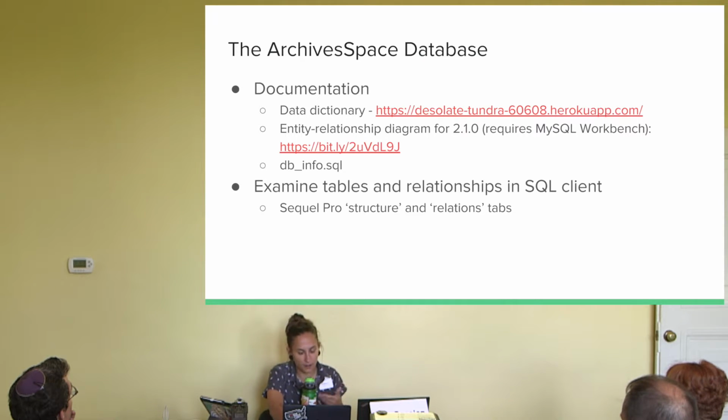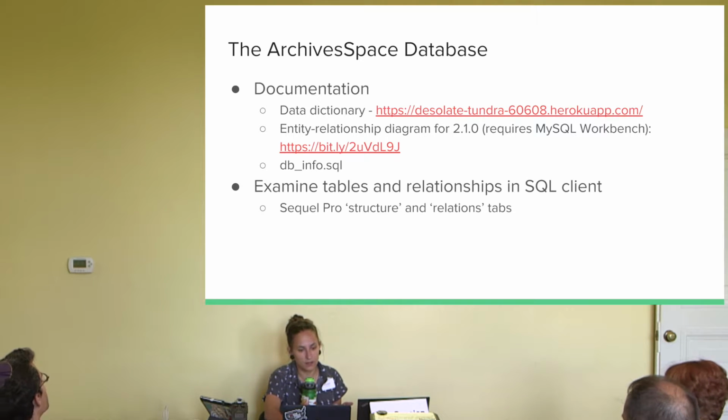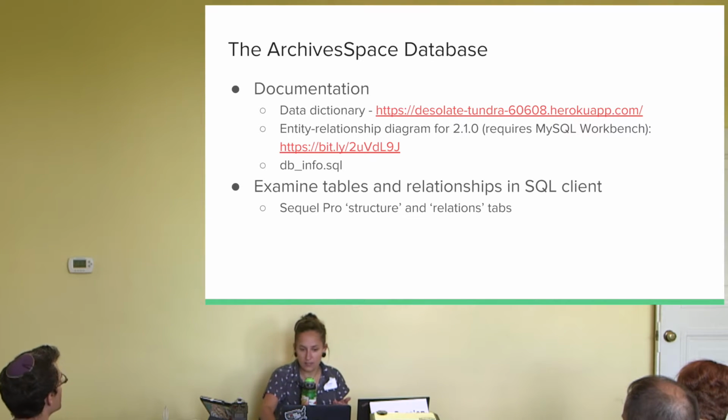Here you can get all your table names, your column names, and then various things about them, like what kind of data goes in it, if you can have null values, what column number it is, what position it has, and then some of the keys that are related to it. So there are lots of ways to explore the tables, and that's really the way to get at some of this information.